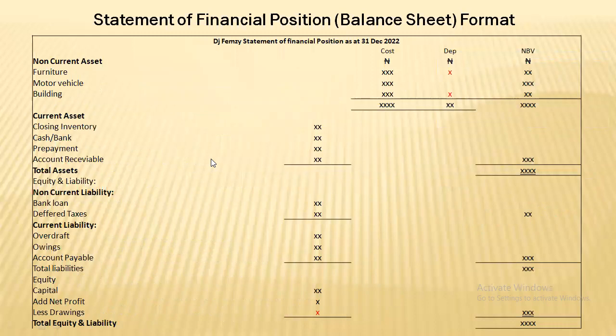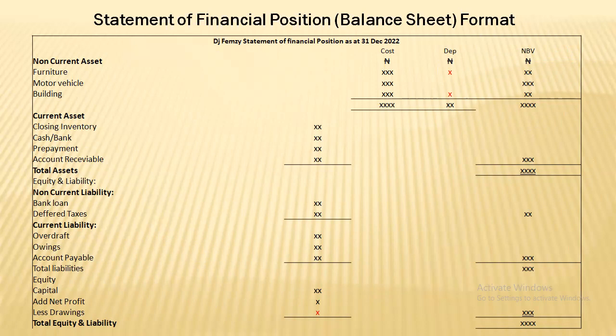So let us consider the format of the statement of financial position. Like in the format of the comprehensive income statement, we have the headings. So the headings will normally carry the name of the account, in this case, Oluwafemi, then the statement of financial position as at year end 31st December 2022.